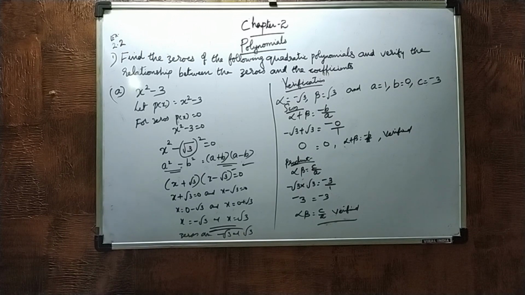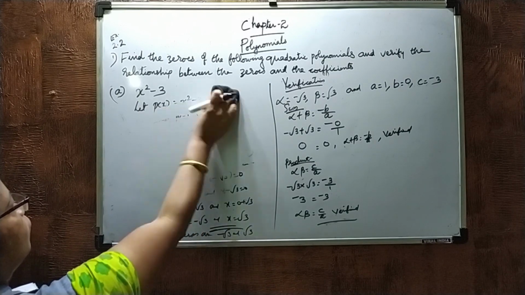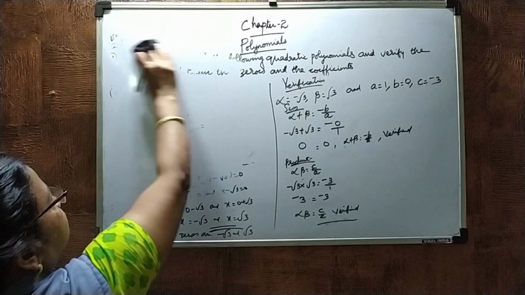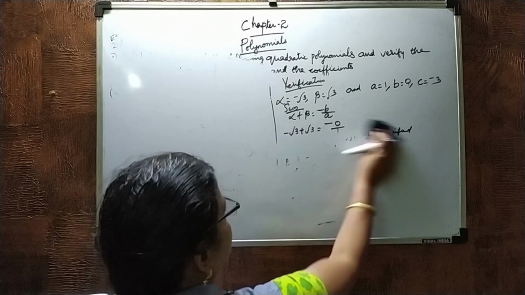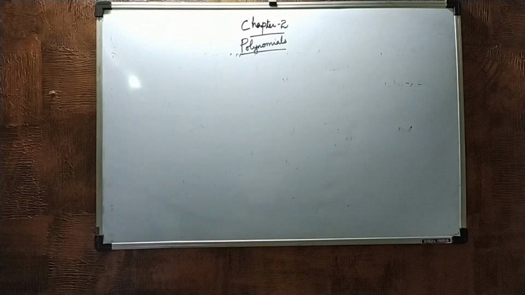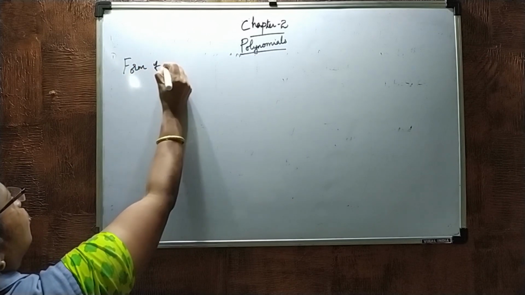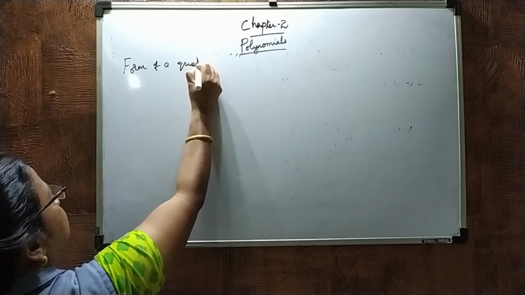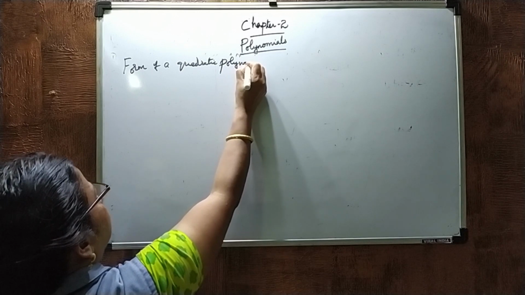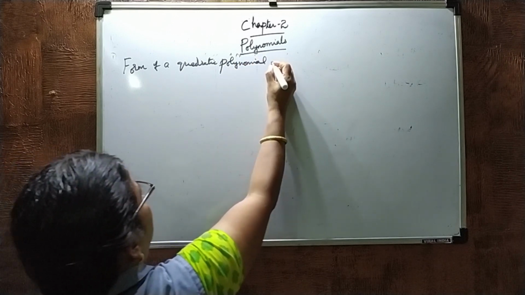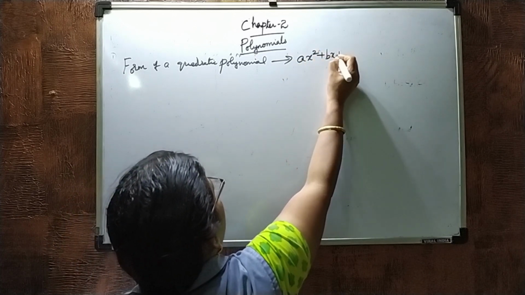Now the next portion is the form of a quadratic polynomial using sum and product. Now you know that the general form of a quadratic polynomial is ax square plus bx plus c.